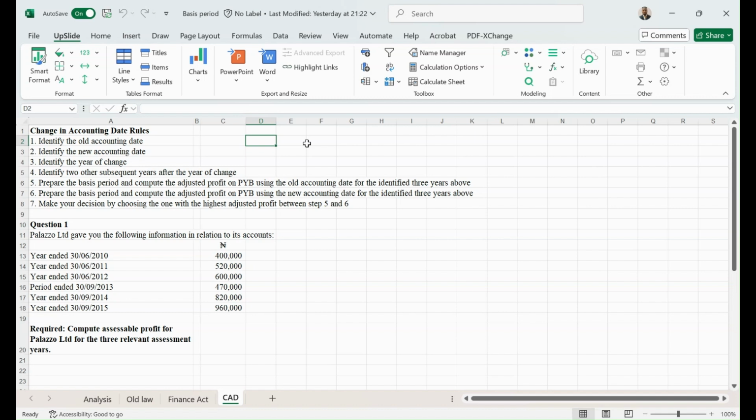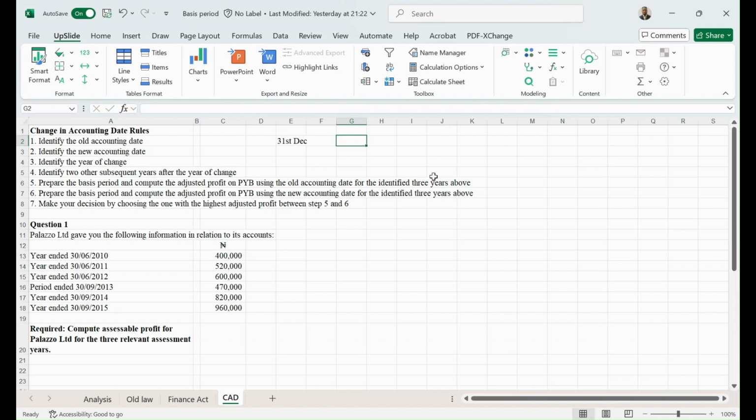Changes in accounting date rules are applicable in scenarios where a company has changed its accounting date, or is about to change its accounting date and wants to determine the most tax efficient date to use. For example, a company could be using 31st of December as its financial year end to prepare its financial statements.